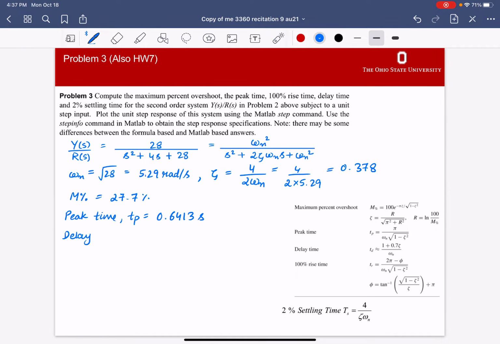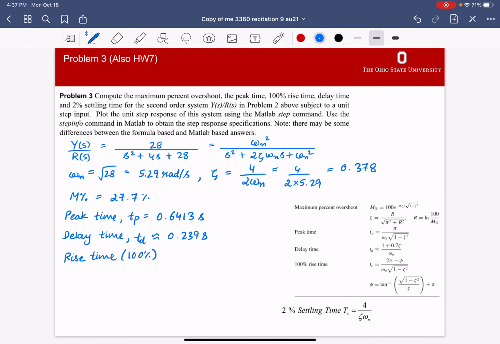The delay time is around 0.239, and then we have our rise time. Keep in mind that this is 100%, so the rise time is basically denoting the time it takes to go from 0% to 100%.